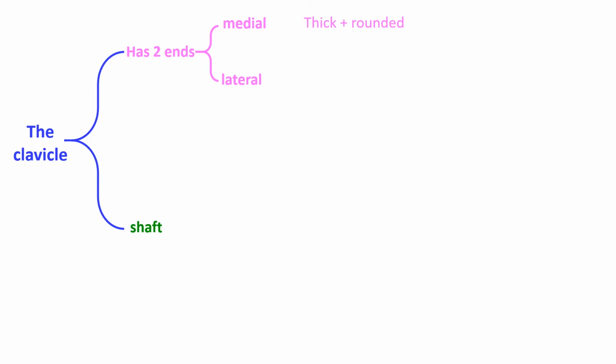Now, the medial end is thick and rounded, and it is attached to the manubrium sterni, the part of the sternum, part of the axial skeleton. And the lateral end of the clavicle is flat in comparison to the rounded medial end, and it goes to the acromion process of the scapula.